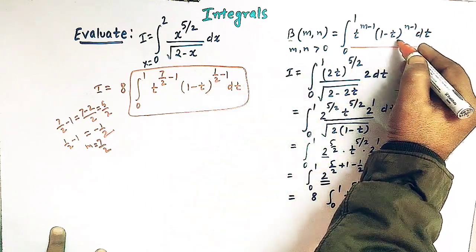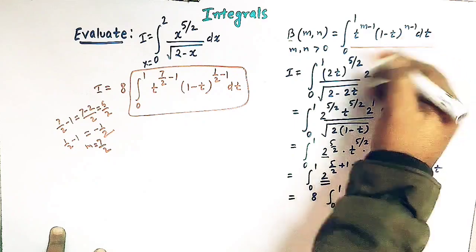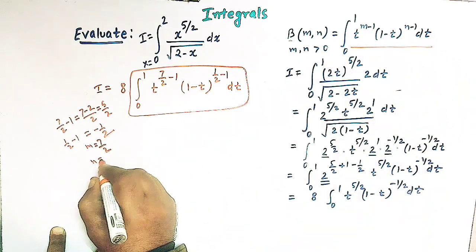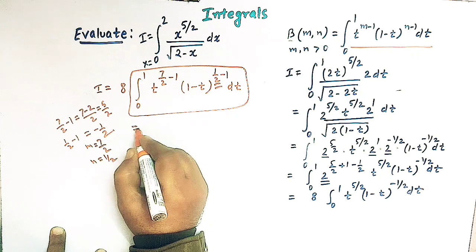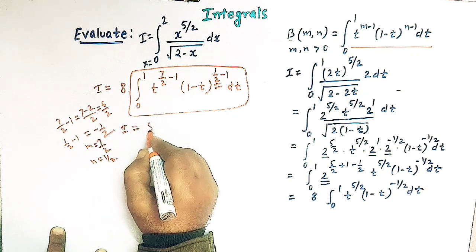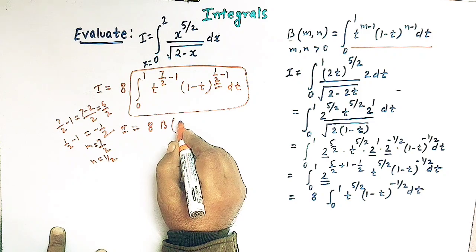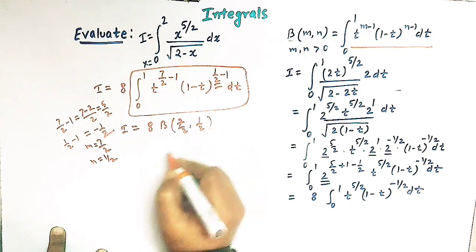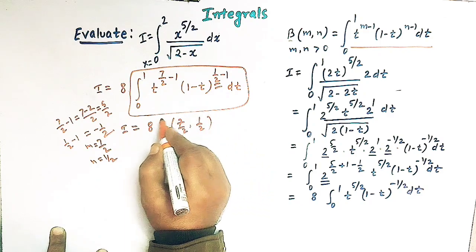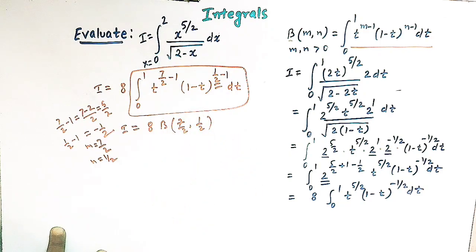So here we have (1 minus t) raised to n minus 1. Comparing again, we can now write n is equal to half, right? So now we can write this integral I as 8 times the beta function, that is beta of 7 over 2 comma half, right?